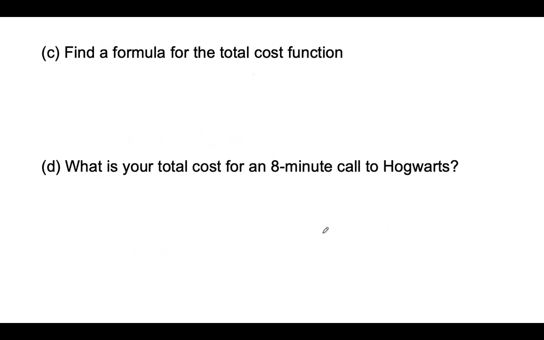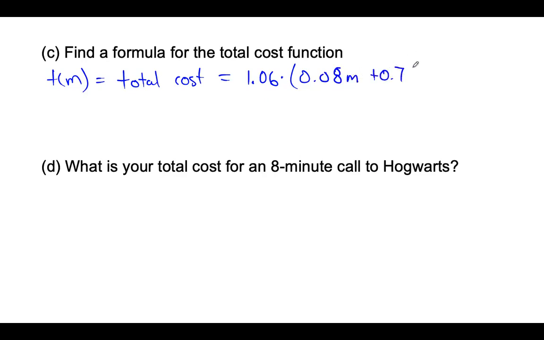Now we're going to find a formula for the total cost. So this T, let's call it total cost, is equal to 1.06 multiplied by our total amount that the company charged you, which was 0.08 times the number of minutes, plus 0.7, plus 0.03.